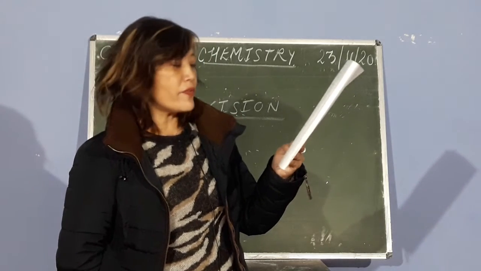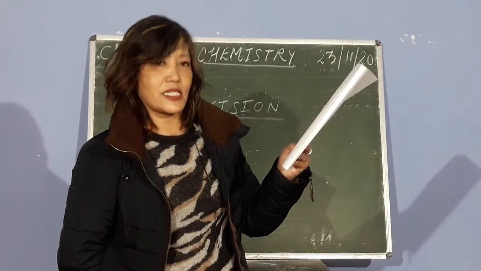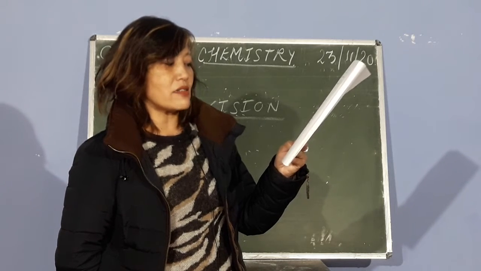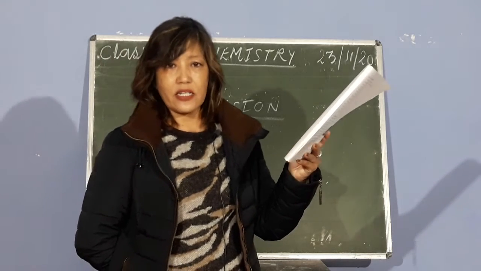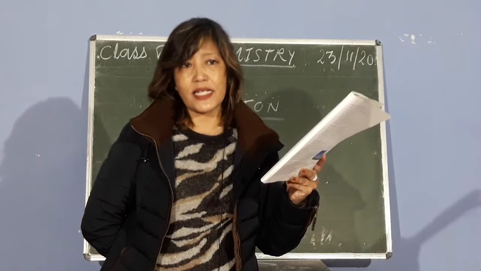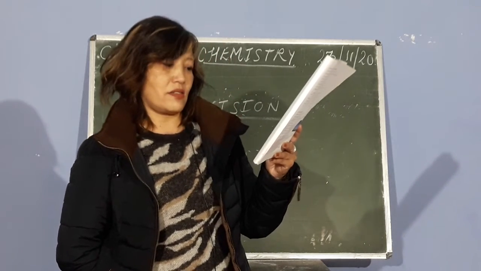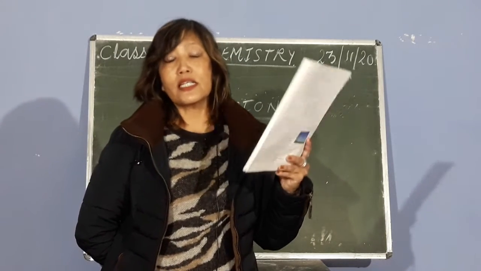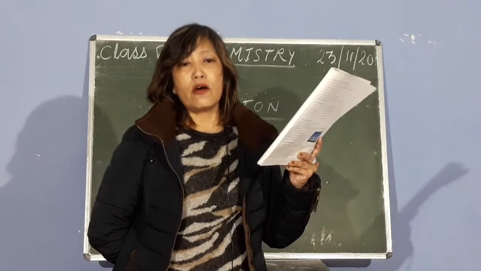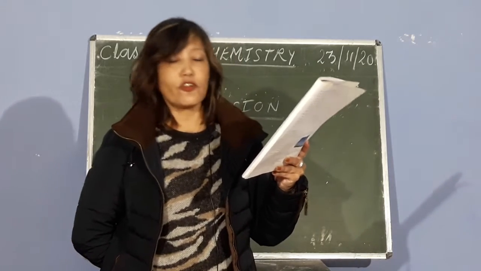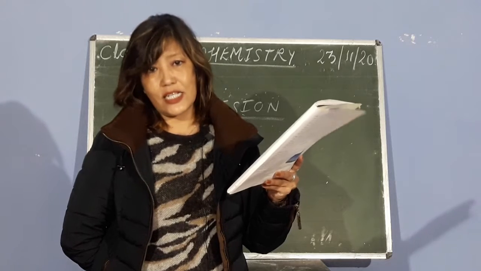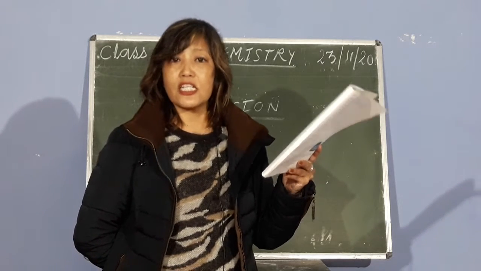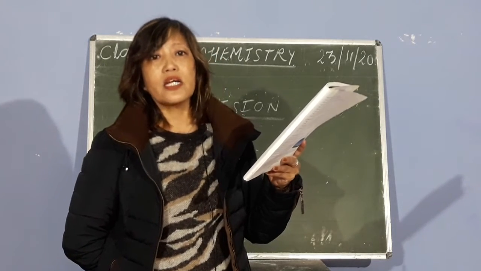Then number 5, water vapor condenses on dash particles and causes rain. So water vapor condenses on dust particles and causes rain. How? The dust particles provide a surface for the water vapor to condense. So the water vapor condenses on these particles and makes rain.